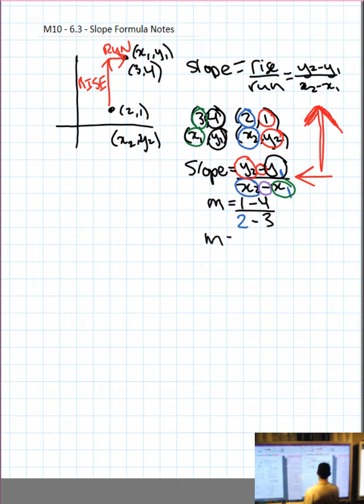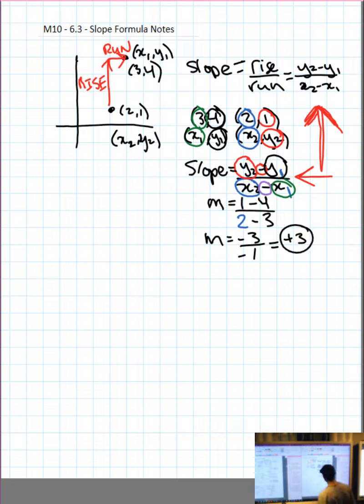Then I'm going to do m equals 1 minus 4 is negative 3. 2 minus 3 is negative 1. And a negative divided by a negative is a positive. So we have positive 3.